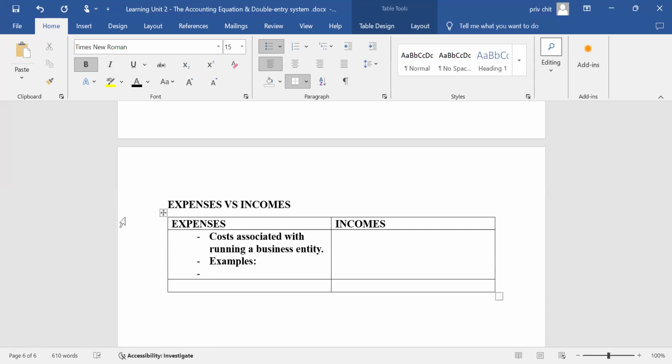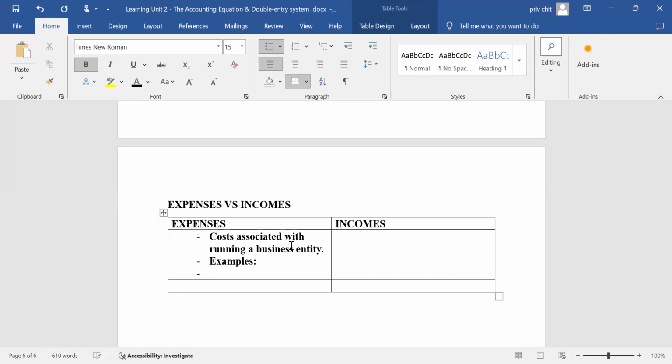Any examples that you may think of? Sorry, sir, please repeat. Yeah, my question is, what are the costs that one can incur with regards to running a business? What are those costs that you may incur daily or monthly?